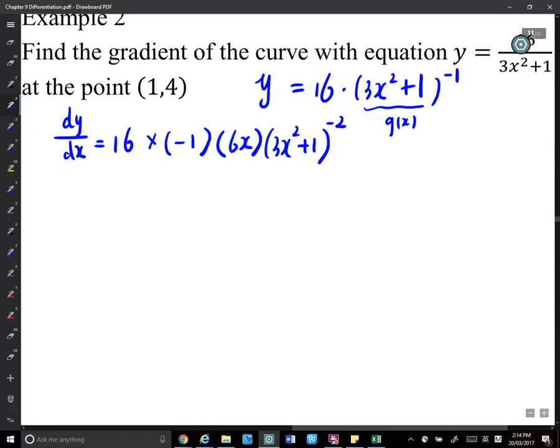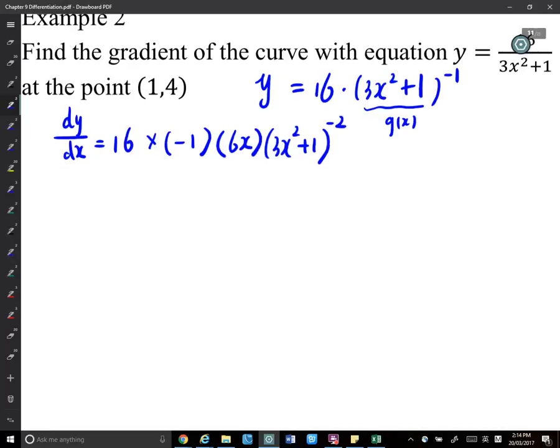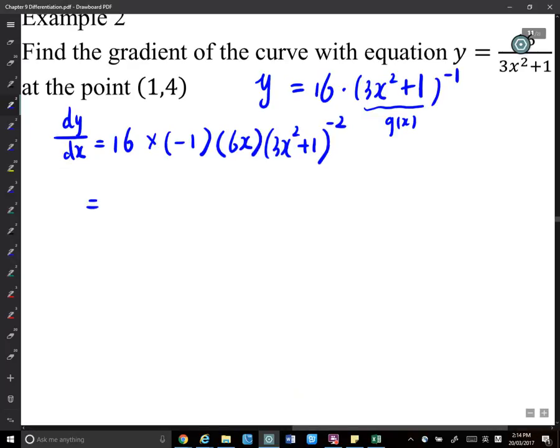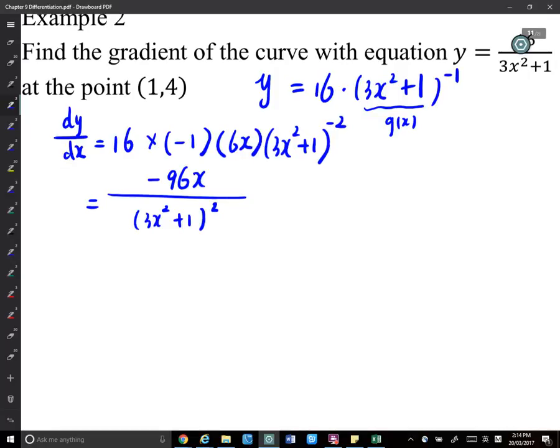Negative 1 reduced by 1, you have negative 2. So what will that be? Negative 96x over (3x squared plus 1) to the power of 2.